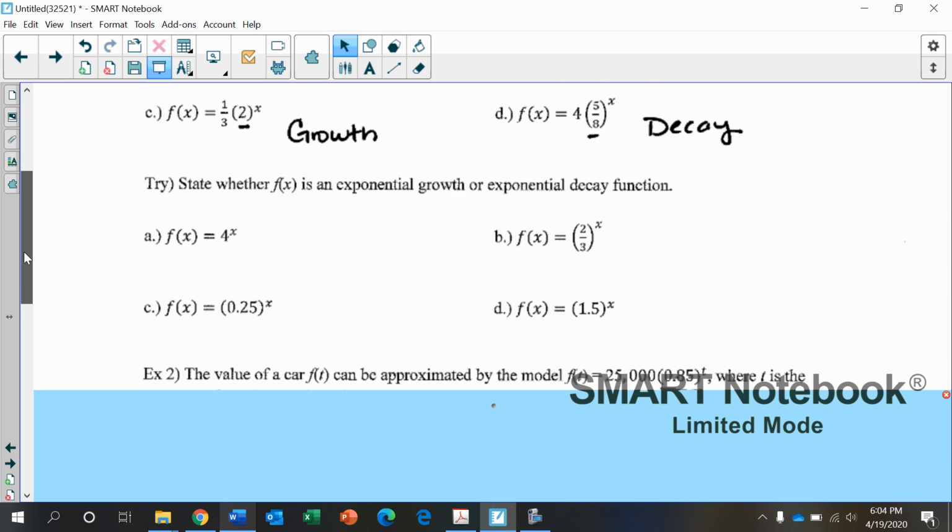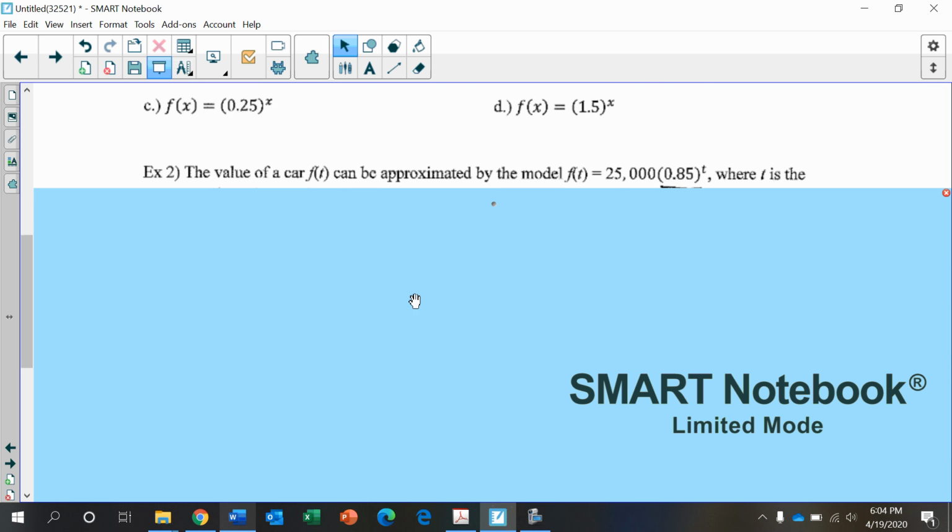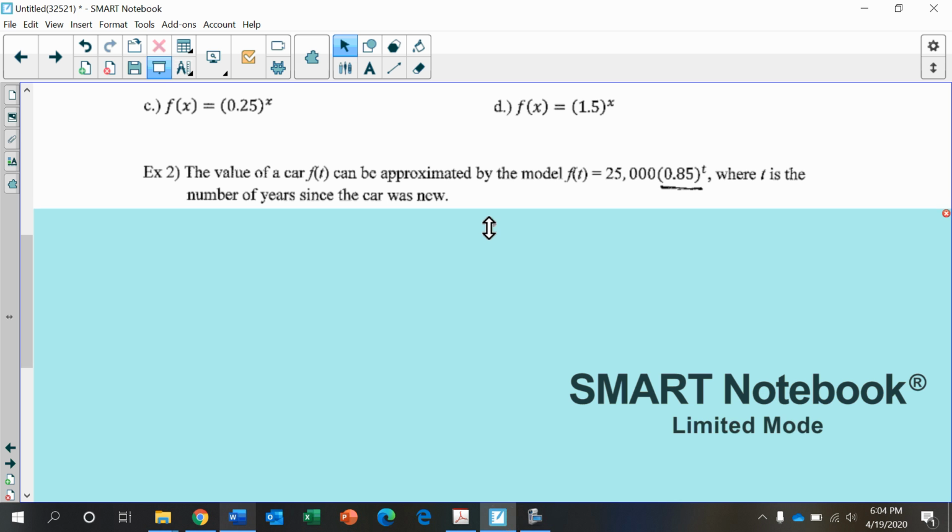All right, so let's get to the word problem. In example 2, first thing we want to do is read it. It says the value of the car f of t can be approximated by the model f of t equals 25,000 times 0.85 to the t, where t is the number of years since the car was new.